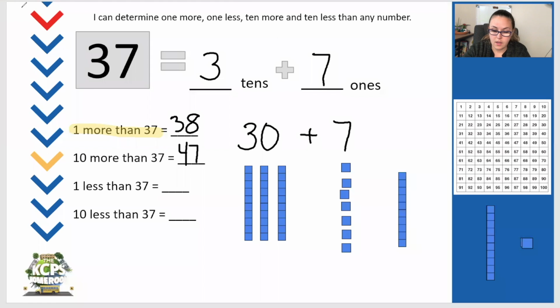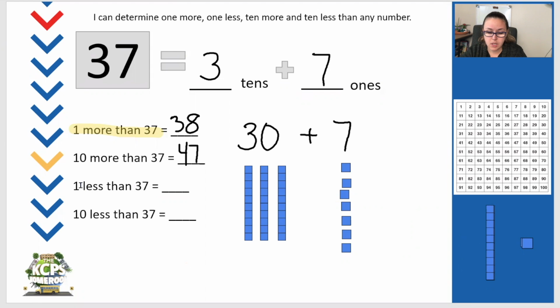Now we have to talk about 1 less than. So we need to erase drawings first and put materials back that we don't need. When we talk about less than, are we adding or subtracting? Which one? That's right.